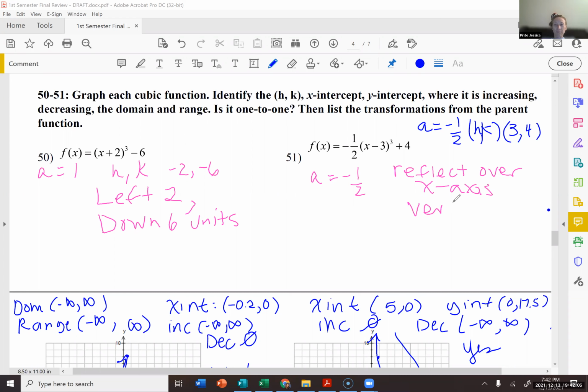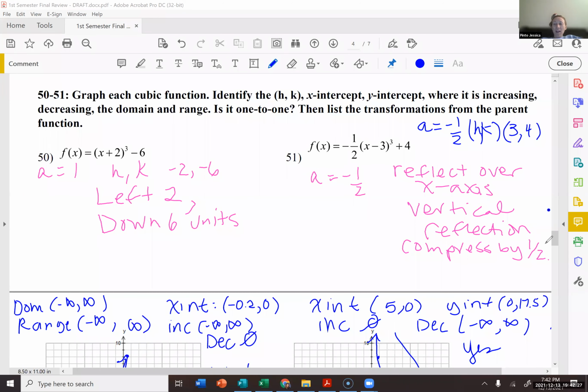So I'll just say that. And then the half squishes. So this is also a compression by the 1/2 or a factor of 1/2.